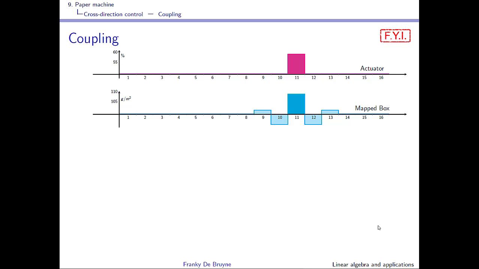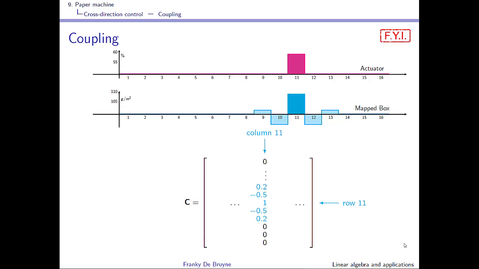Then you can take the difference between this steady state mapped profile and the one that you had when all actuators were at 50%. You can store the information that you collect from this test on actuator 11 in the coupling matrix that you see over here.